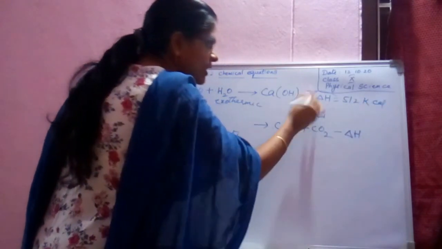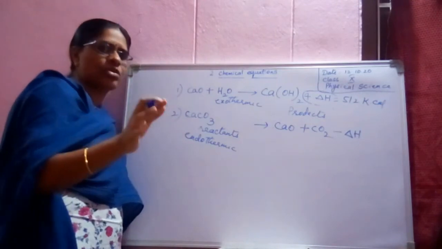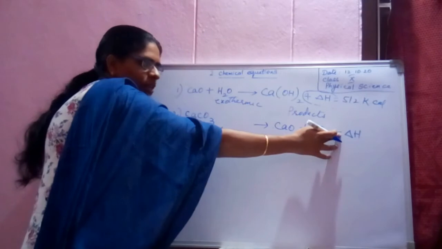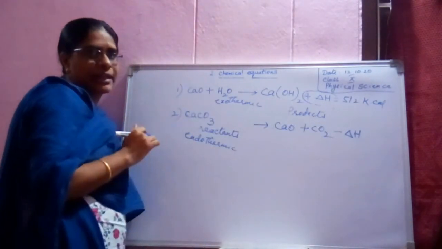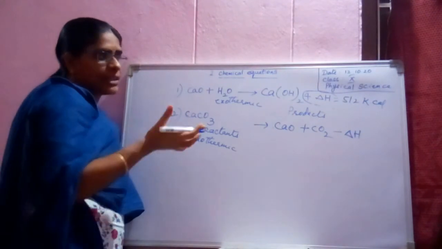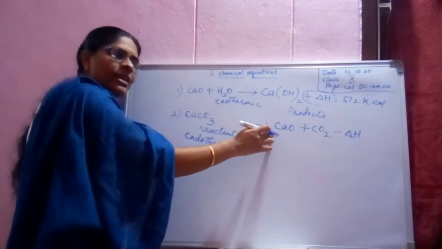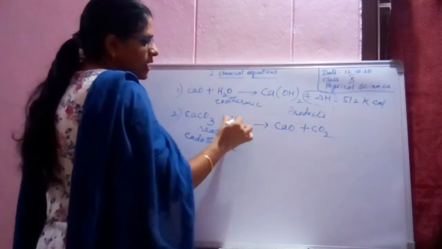You need to see this sign. Plus delta H means it's an exothermic reaction. Now here he has taken minus delta H on the product side. Hence, this is an endothermic reaction.